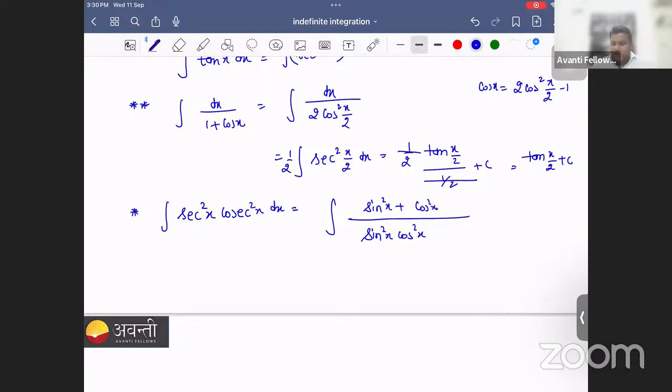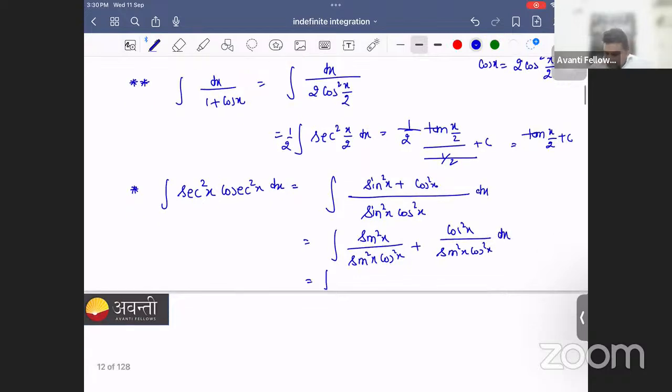Very good. Numerator is 1 basically. So if you split it, it will be sine square x upon sine square x cos square x plus cos square x upon sine square x cos square x dx. So that would be integration sec square x plus cosec square x dx.